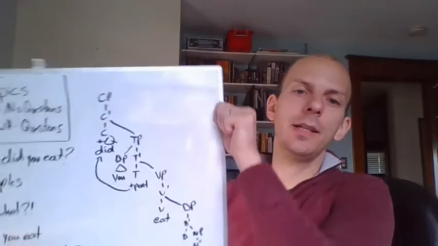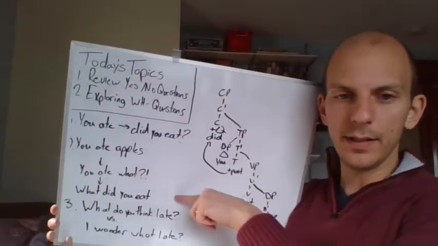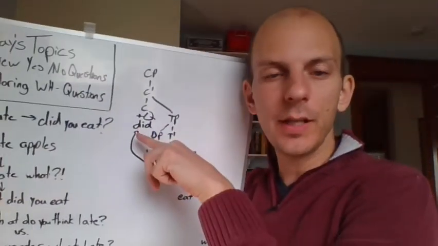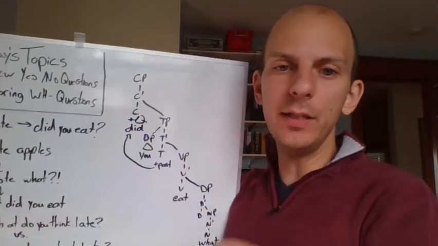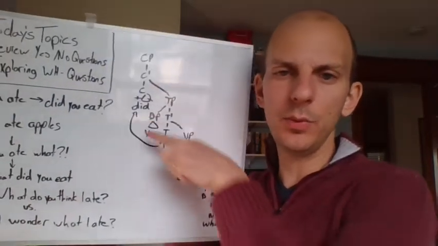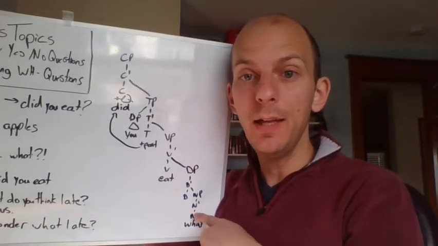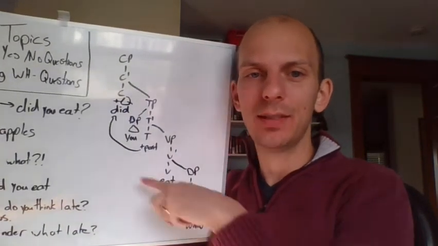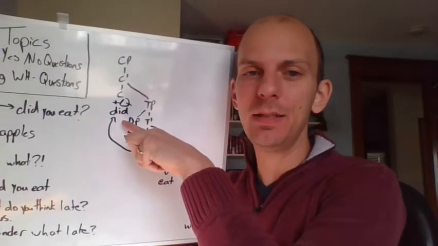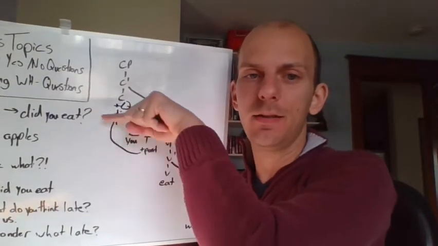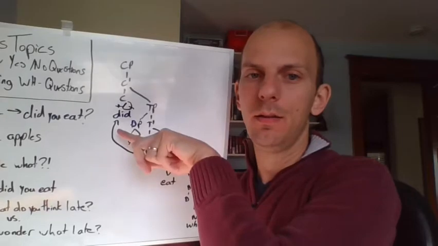So again, our target sentence here is this, what did you eat? Right now we have, did you eat what? So we need to move this what out. And we need to move the what higher than did, right? It needs to appear to the left of did.